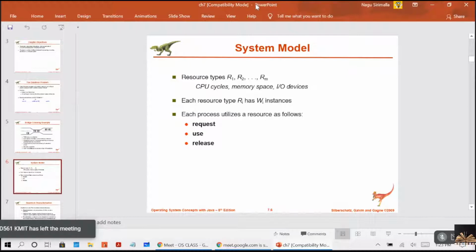Physical and logical. Physical resources means what? Your printer, DVD drive, tape drive, memory space, CPU cycles, all this can come under the physical resources. Logical resources means semaphores and mutex locks on files. When we are discussing synchronization, we will learn what is semaphore, what is mutex and all.